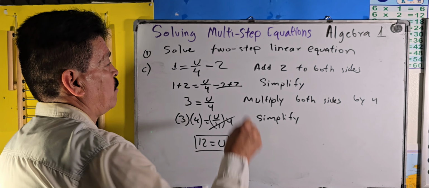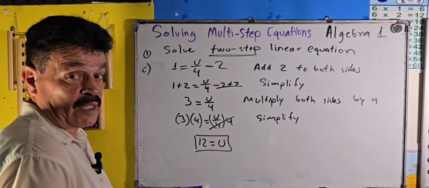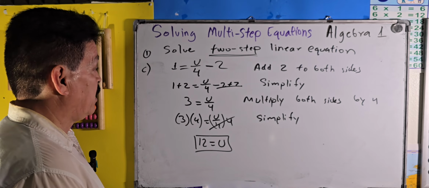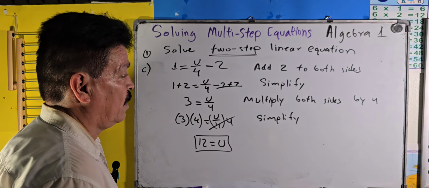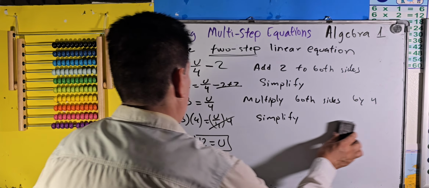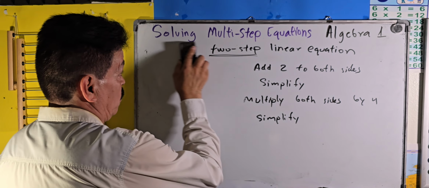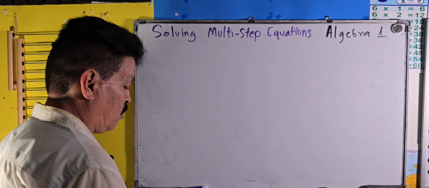Two-step linear equations. That's very important. I did three examples, 3 problems. So now the next step is about solving multi-step equations. So step number 2, or topic number 2.